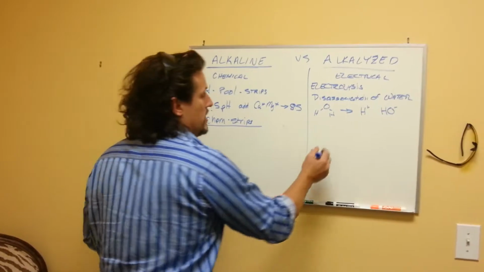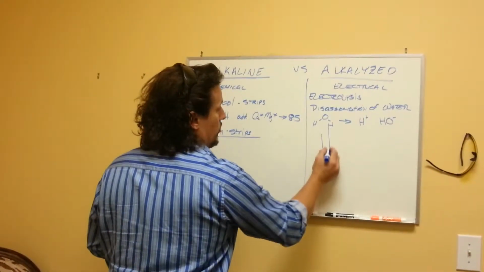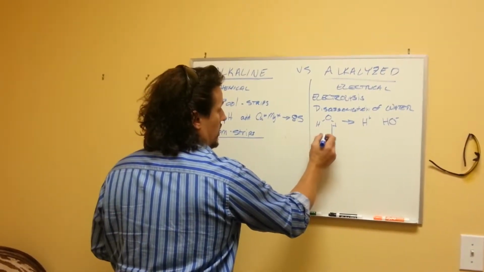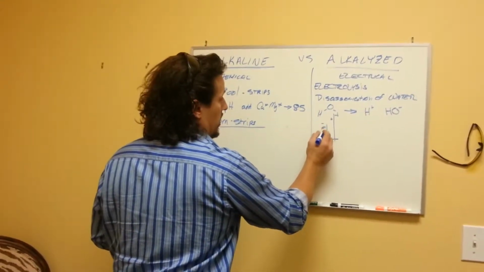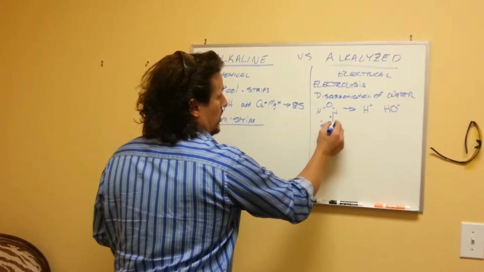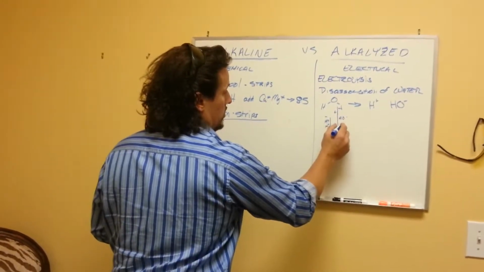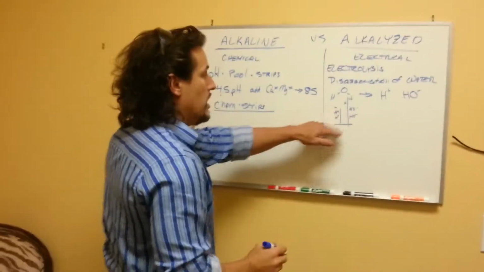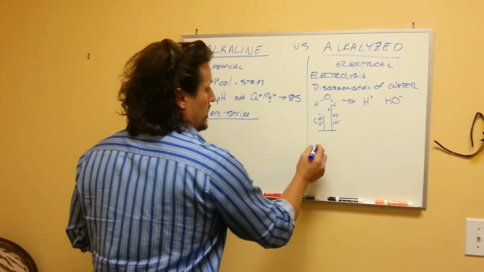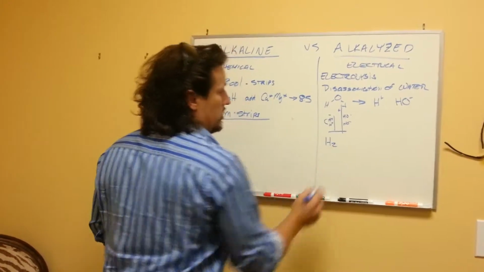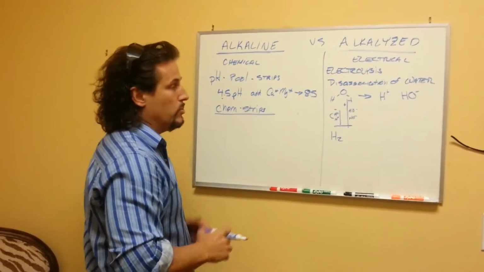But when this process happens, basically there's an array which has a negative side and a positive side. This will attract the hydrogen ions. The hydroxyls will come over here. Well, when this happens, because they're so unstable, they will instantly convert to H2, which is hydrogen dissolved in water.